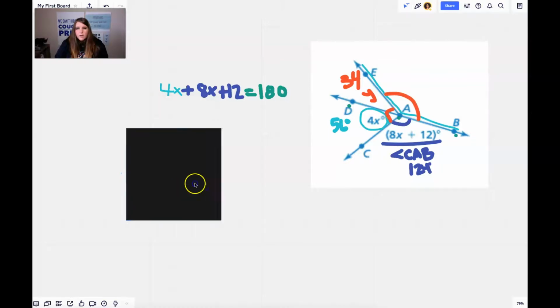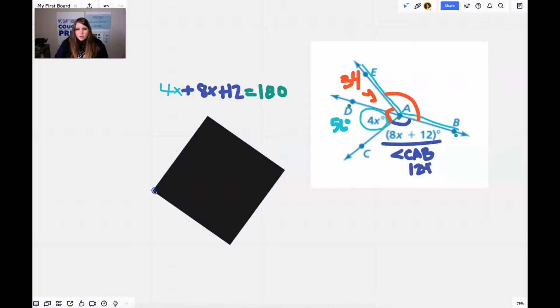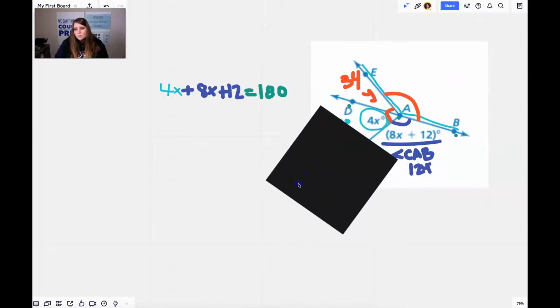There we go. Okay, so I want this box to be filled with color so that we could see what's happening here.